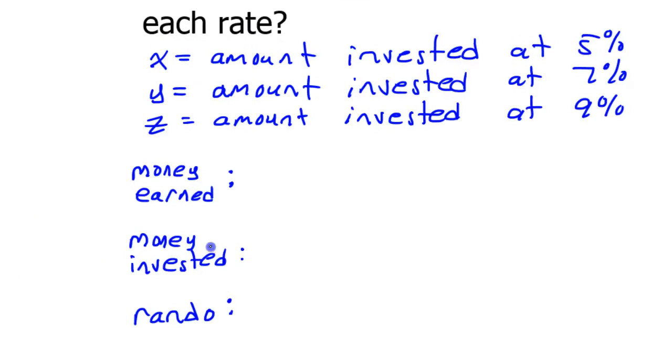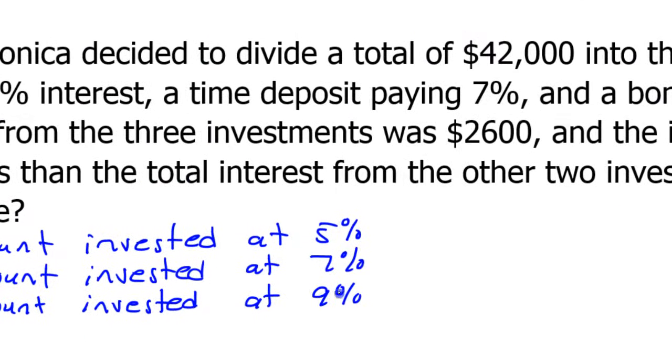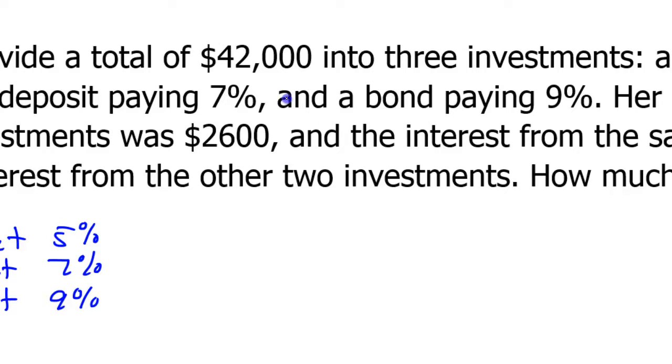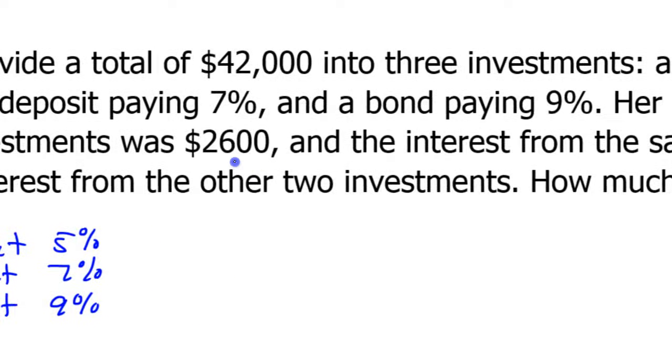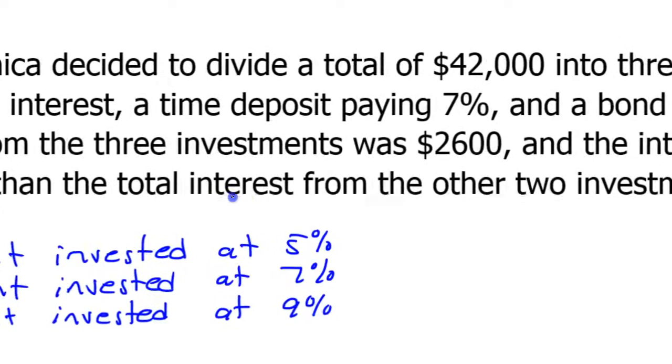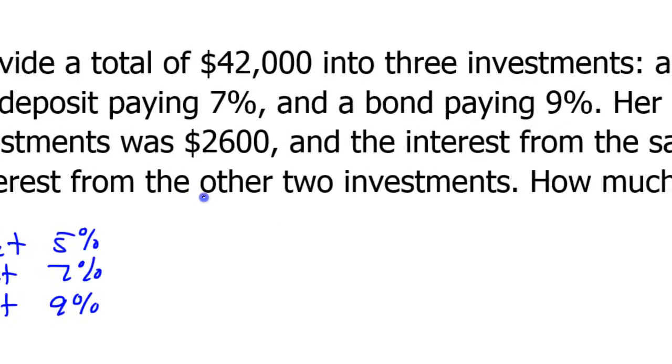What do you think, guys? Is this money that she's getting paid, or is it money that she already has? This is money that she already has. She has this money and she's dividing it into these 3 accounts.